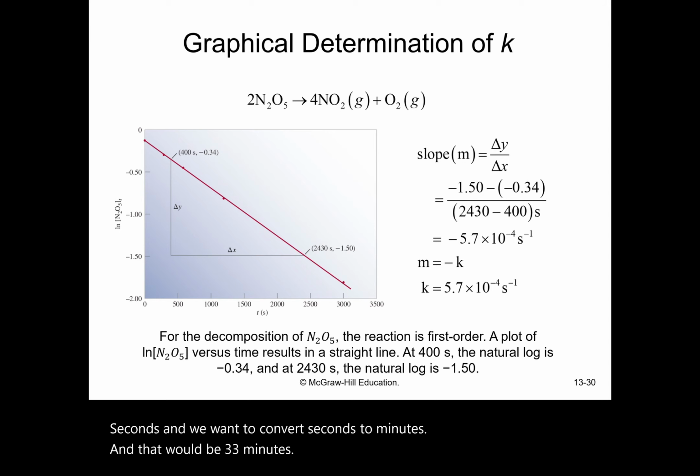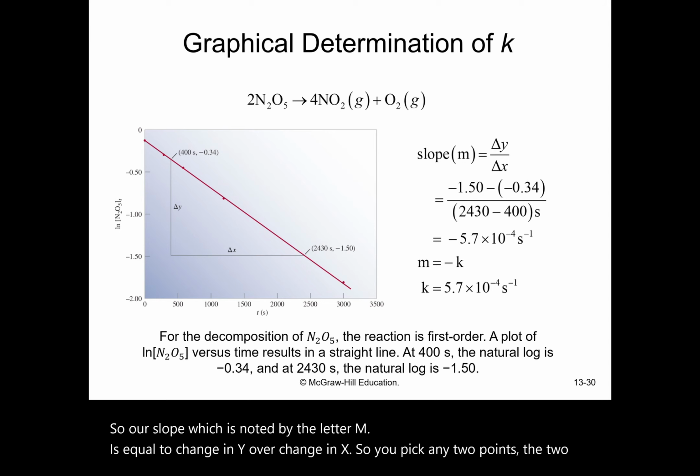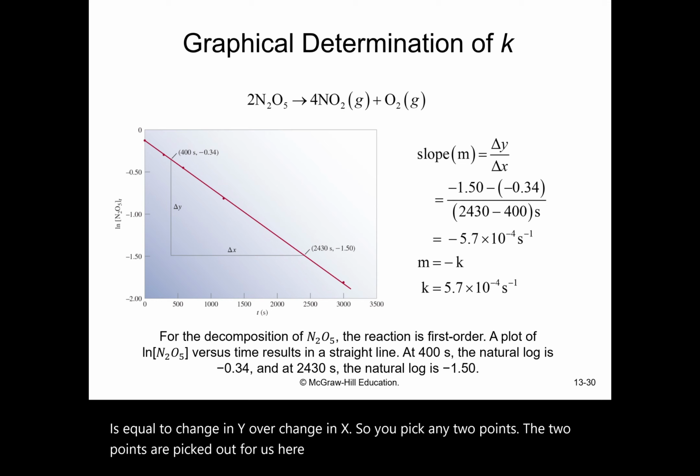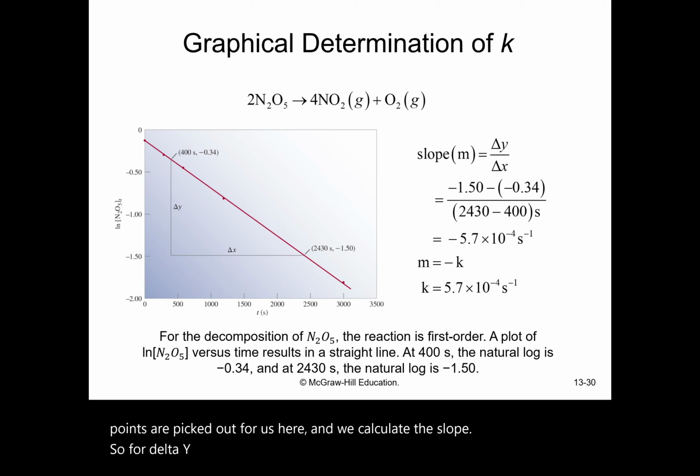Graphical determination of k. Our slope, which is noted by the letter m, is equal to change in y over change in x. So you pick any 2 points. The 2 points are picked out for us here, and we calculate the slope. It's x comma y on the graph, so these are your y values, and these are your x values.